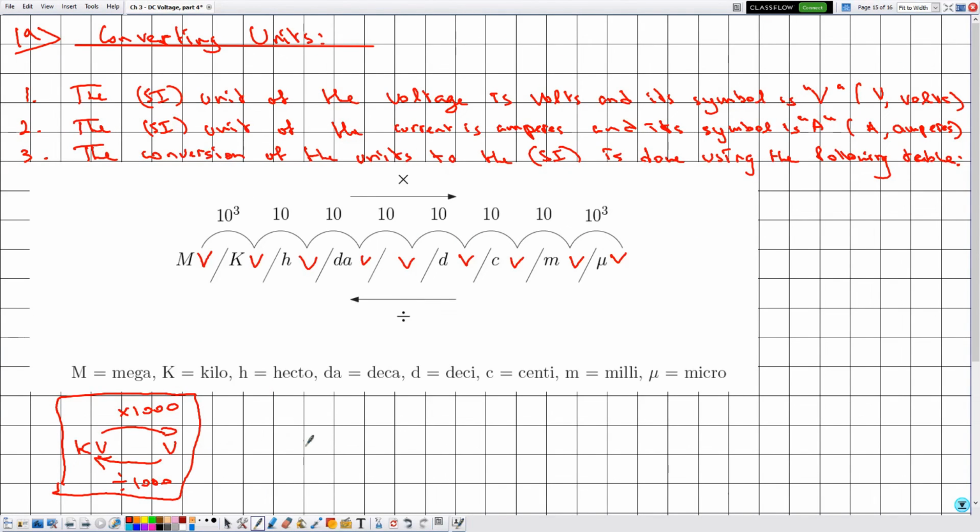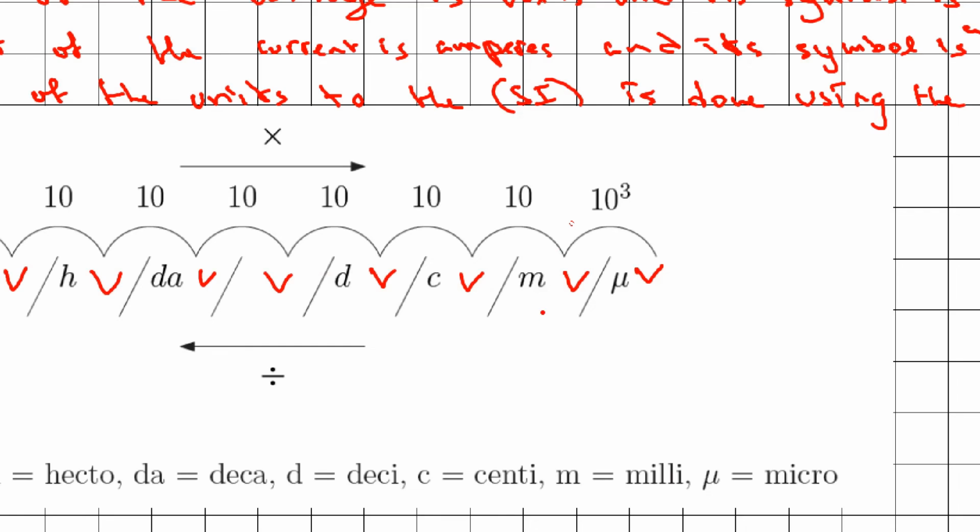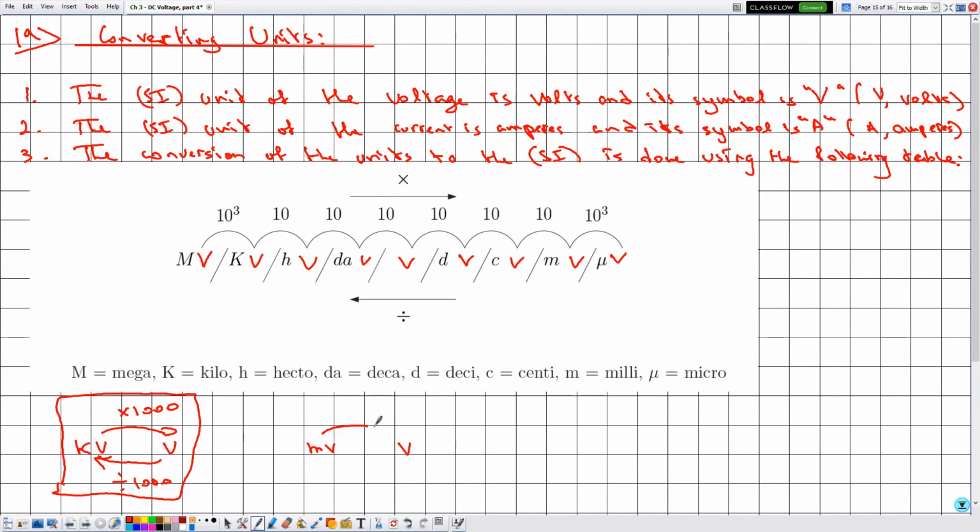Okay, now another one that you are interested in is converting from millivolts into volts. So from millivolts into volts, we are moving from right to left. So we should divide by how many tens? By 3 tens, which means that we need to divide by 1000. So in order to convert from millivolts to volts, we divide by 1000.